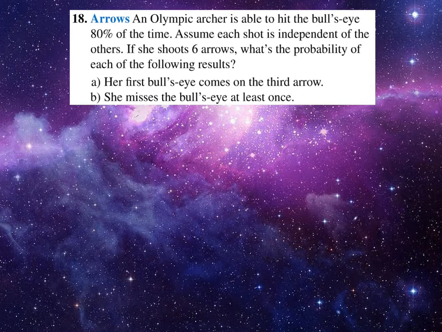So, when we have these problems, and of course I did not include this in my notes to even write down, we need to start by writing down what's important. So if we're looking at A, we have her first bullseye comes on the third arrow. B, she misses the bullseye at least once.